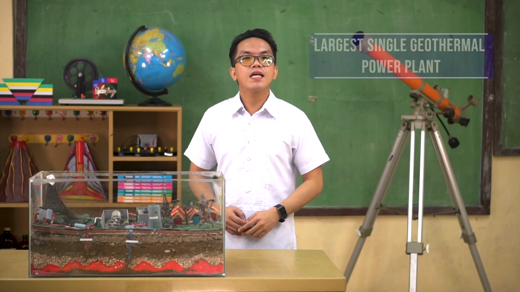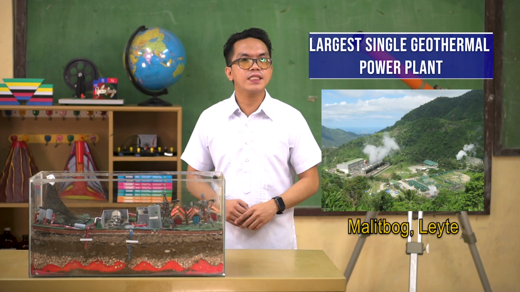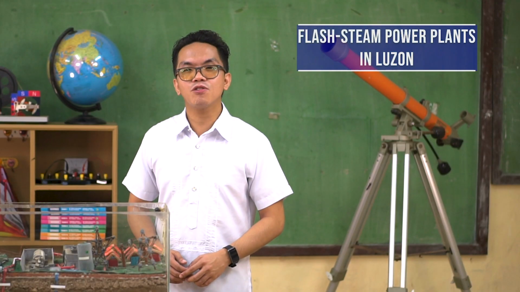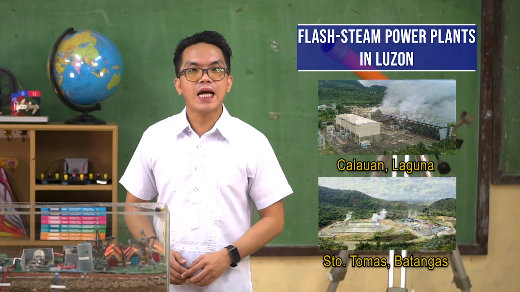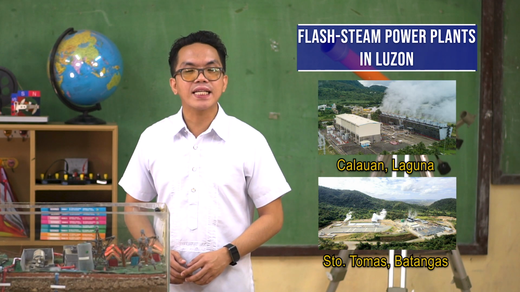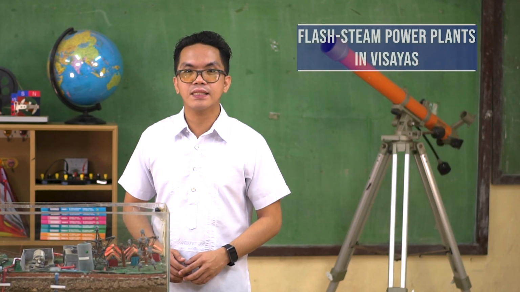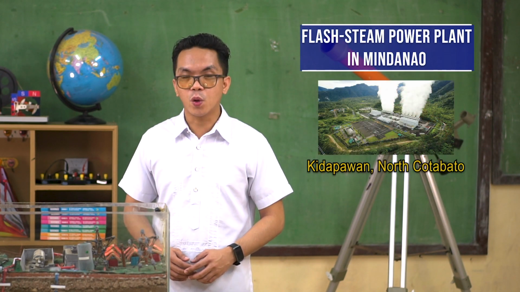In fact, the largest single geothermal power plant is a flash steam facility in Malitbog, Leyte. Other plants in Luzon are located in Manito and Tiwi, Albay, Calauan, Laguna, and Santo Tomas, Batangas. There are also plants located in Visayas, particularly in Tongonan, Leyte, and Valencia, Negros Oriental, and in Mindanao at Kidapawan, North Cotabato.